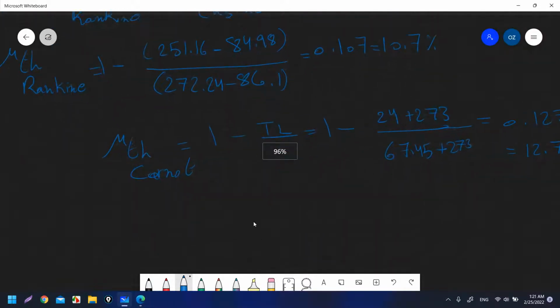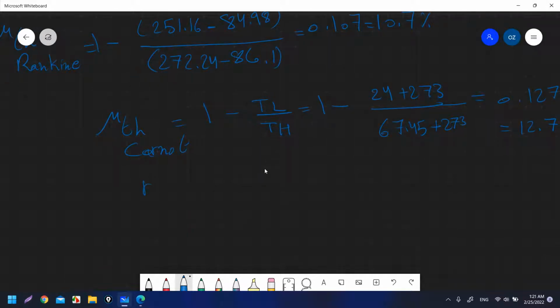We still need to find the backwork ratio. The backwork ratio is equal to work pump in over work turbine out. So H2 minus H1 is our work pump in. We calculated work pump in, it was 1.118, but we didn't calculate work turbine out.